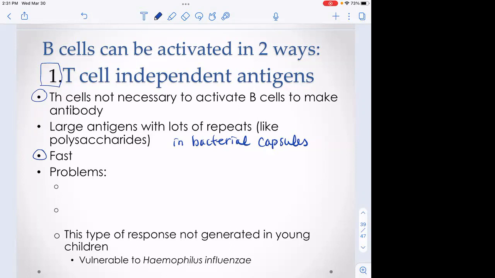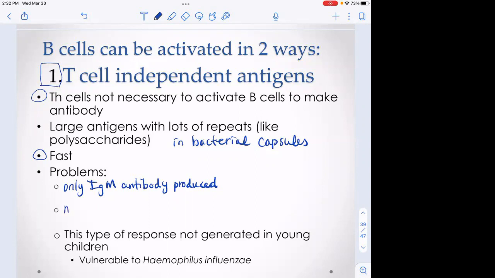We get a slightly weaker response because only IgM antibody is produced. In other words, there's no class switching to some isotype of antibody that may be able to better conquer the pathogen. You only get IgM.